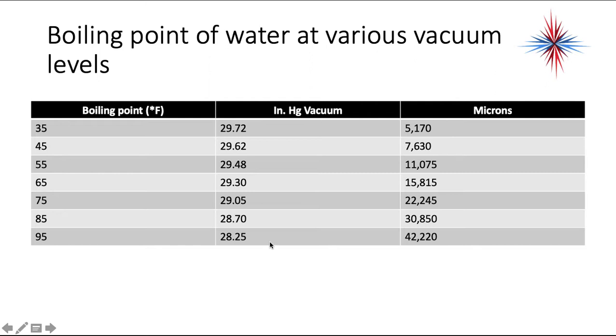And again, this chart is the highest number is at the bottom. Okay, so inches of mercury. Microns go down as we put the system into a vacuum. So when we have a 70-degree room, we can boil water at room temperature by putting water into a vacuum.